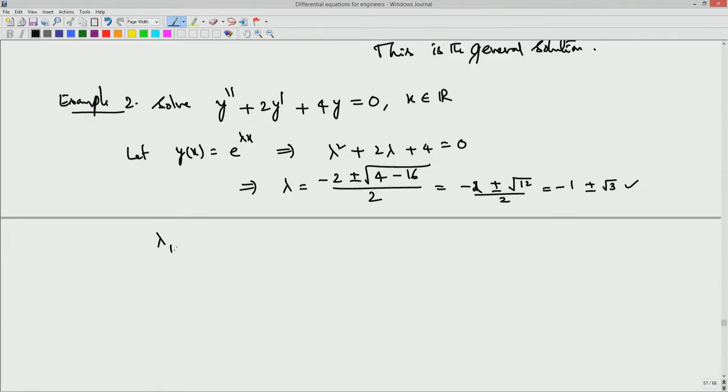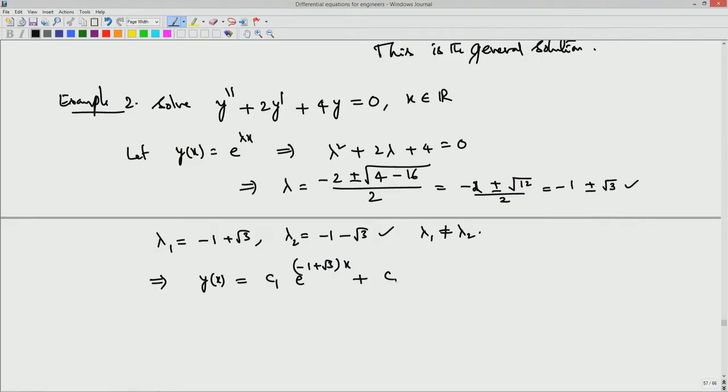So lambda 1 equal to minus 1 plus root 3, lambda 2 equal to minus 1 minus root 3. Clearly these are different, and lambda 1 is not equal to lambda 2. So this will give me the general solution like in the earlier case: C1 times e power minus 1 plus root 3 into x plus C2 times e power minus 1 minus root 3 into x.